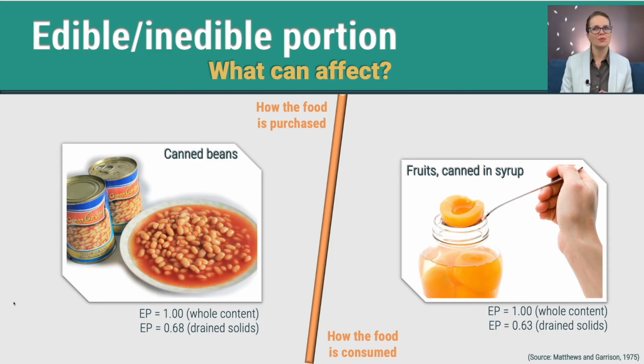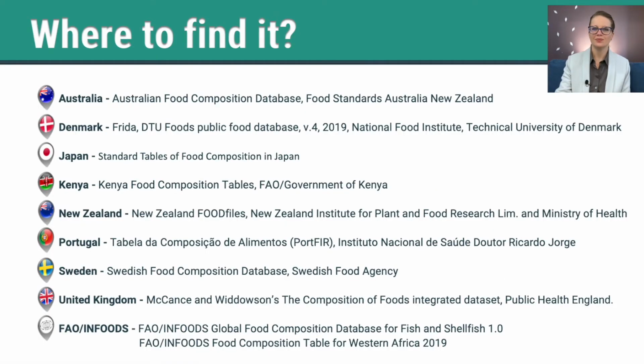It is important to include the description of the edible or the inedible portion to make it clear for users what we are considering when we are presenting our coefficient or our percentage, since we can see that it can vary a lot for the same food.